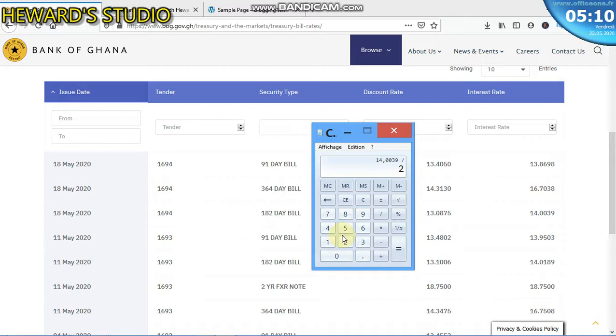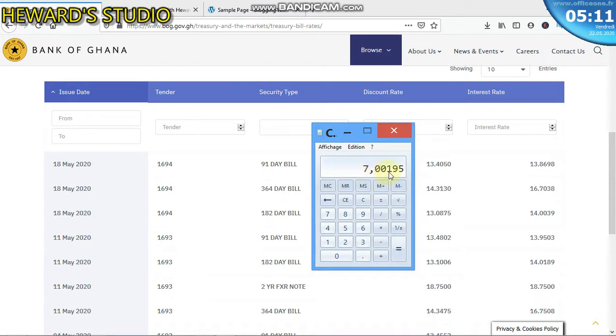How many times do we have 6 months in 12 months? It's 2. So you divide by 2, because the rate you see here is for the whole year. If you want it for 6 months, you have to divide by 2 to get it. It means that if you decide to invest in the 6-month treasury bill, then your rate is 7.00195.